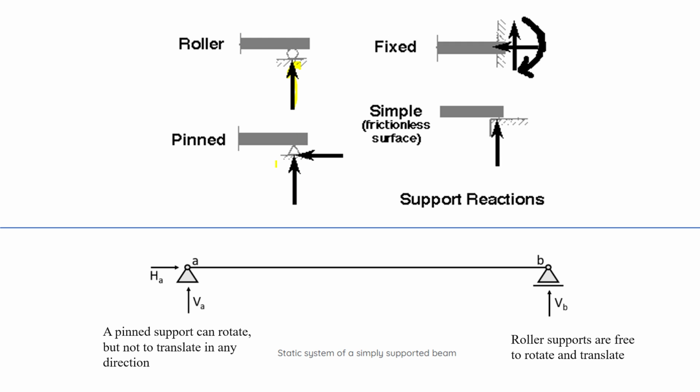In the pinned one there is no translation, only it can rotate. Different types I have already studied. I am going to take first the simply supported beam, one side pinned, so that in this direction only it will rotate. Another side roller support, so that it can translate, and there will also be a rotation. This kind of simply supported beam I am going to analyze first.